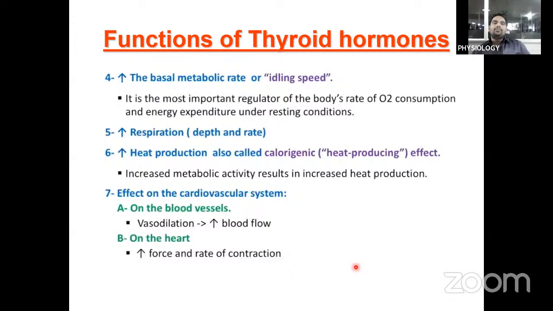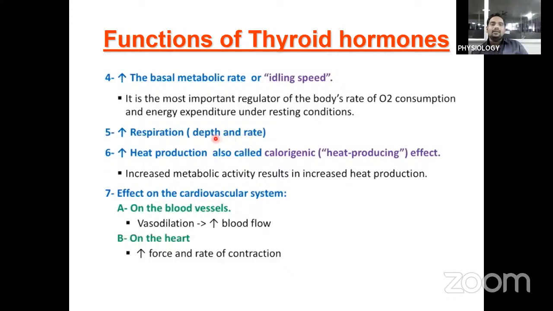Next, thyroid hormone will also increase the basal metabolic rate, or idling speed. That means it is the most important regulator of the body's rate of oxygen consumption. If you want to do more work, you need more oxygen consumption. In that way, all the cells require more oxygen supply. With the help of thyroid hormone, it will also increase the rate and depth of respiration.